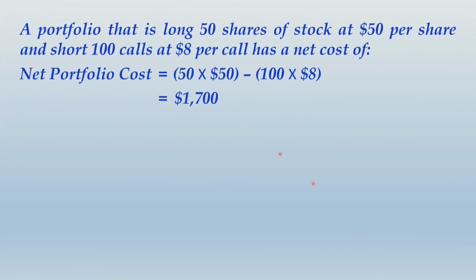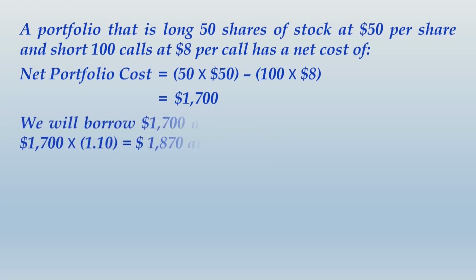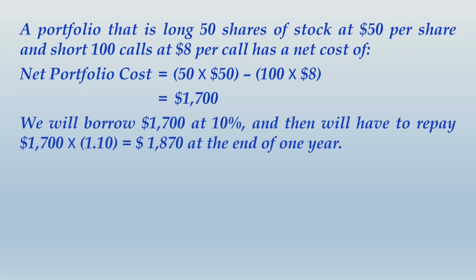In this example, you are going to arrange this $1,700 by borrowing at 10% per annum for 1 year. So we will borrow $1,700 at 10%, and then we'll have to repay the same amount with 10% interest. So $1,700 into 1.1, the future value of that with 10% risk-free interest rate becomes $1,870 by end of the year.